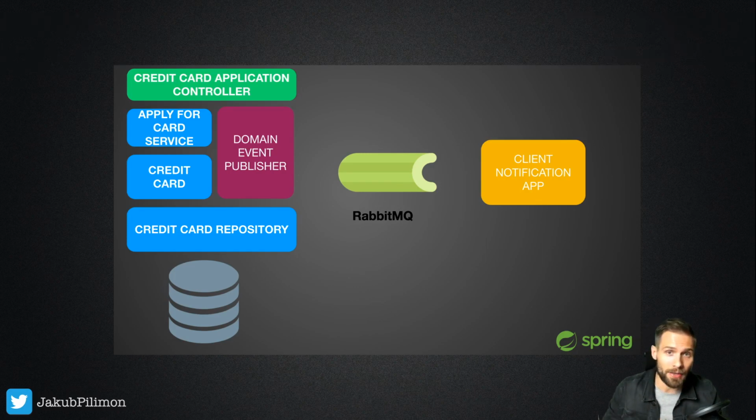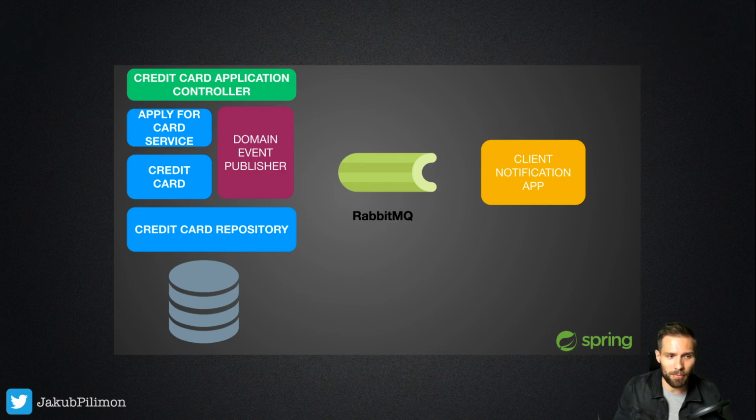So I either get a notification saying, hey, you got a card, congratulations, here's how to use it. Or maybe I get a nice email saying, you know what, this time we couldn't grant you this card, but next month maybe we will be able to. A very simple business requirement.